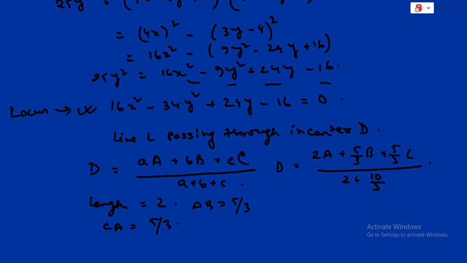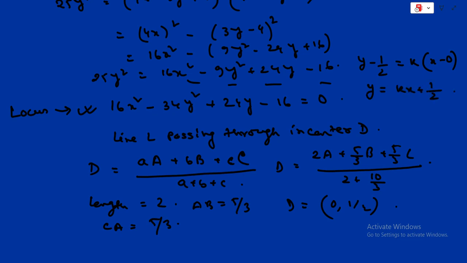So we get D equal to (0, 1/2). Now the general form: y - 1/2 = k(x - 0), so y = kx + 1/2.